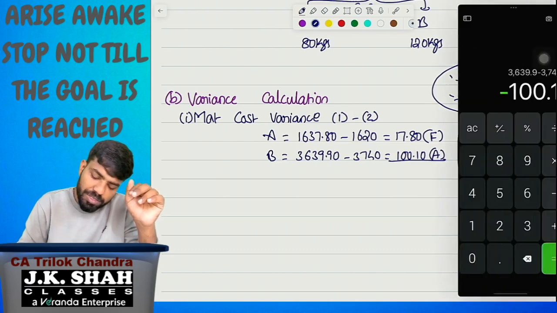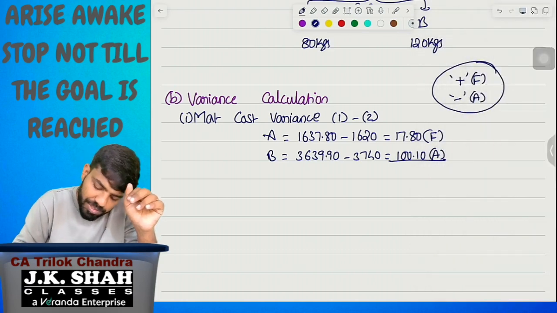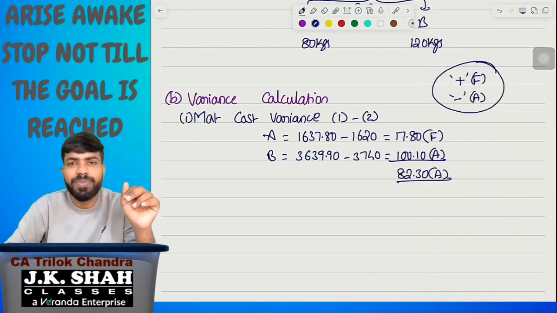So what is the net adverse? 17.8 and 100.10 give 82.30, which is the net adverse.